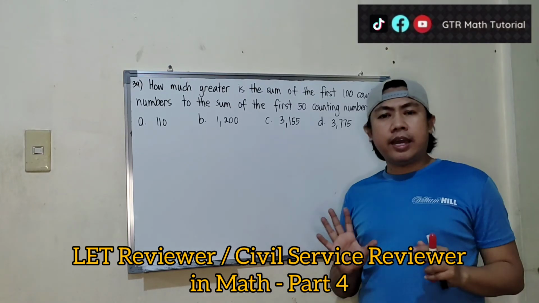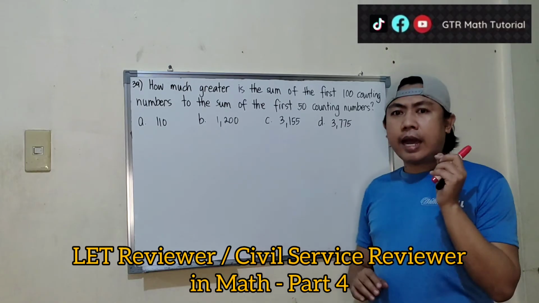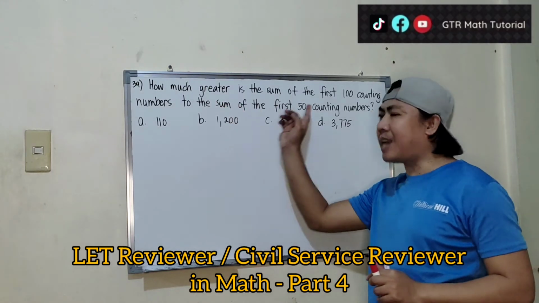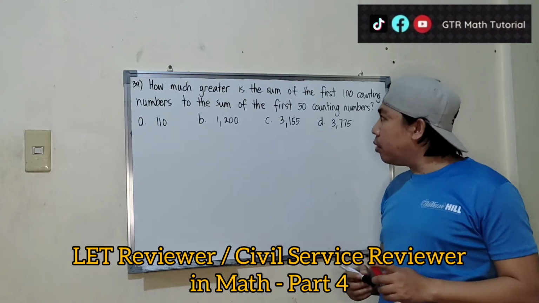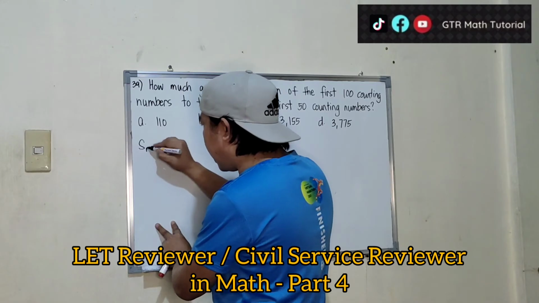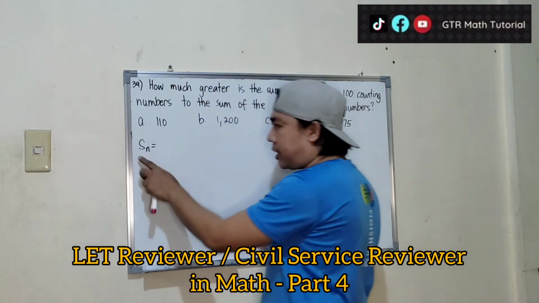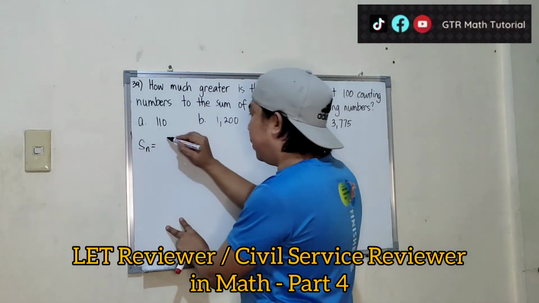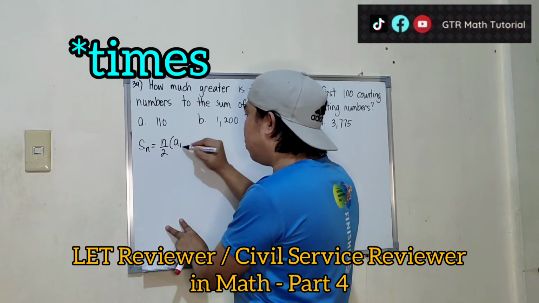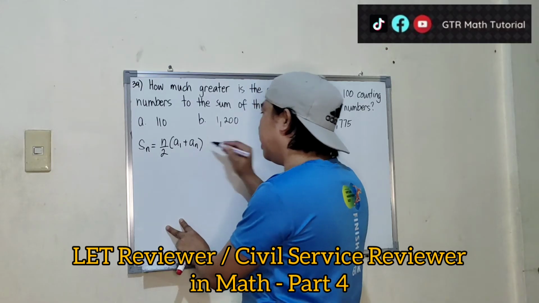Itong example na to ay example ng arithmetic sequence or arithmetic series since sum ang pinag-uusapan natin. So ang formula ng arithmetic series, so sum ng arithmetic sequence ay, S sub n for the sum, equals n divided by 2 times a sub 1 plus a sub n.